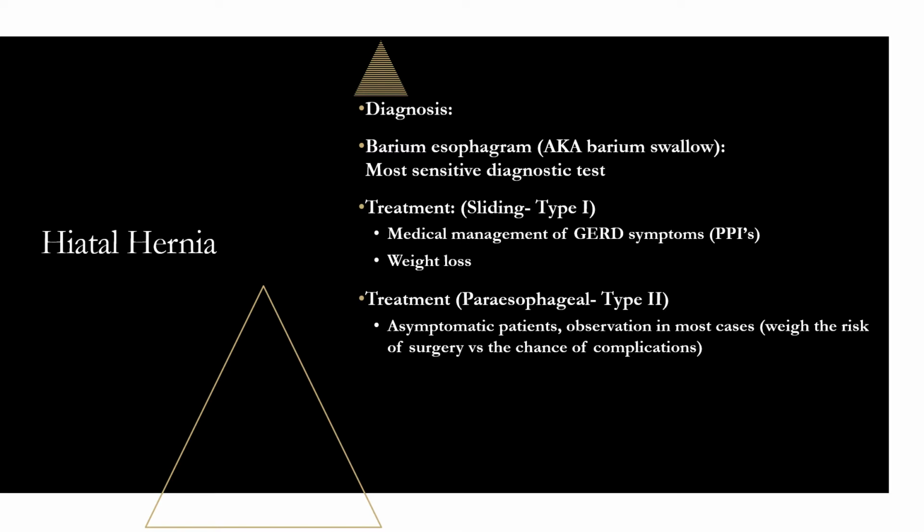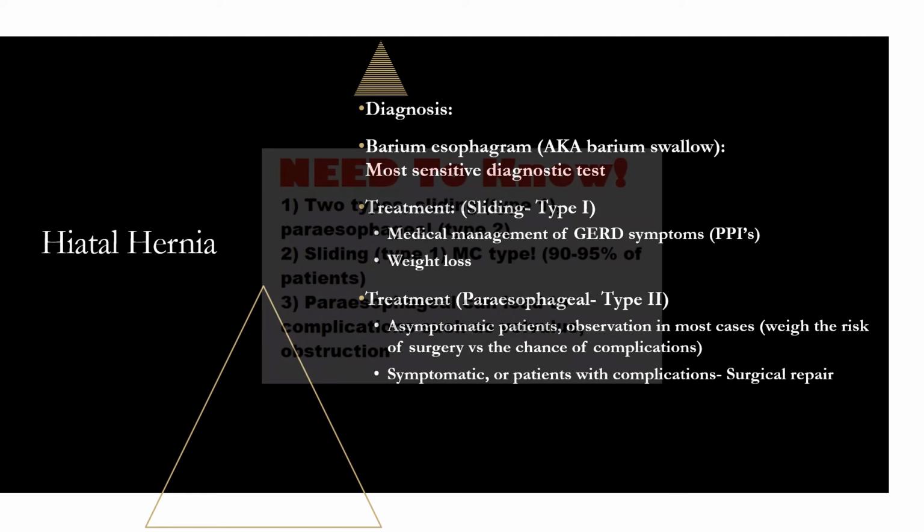So in some asymptomatic patients, some literature suggests having them actually have surgery to correct it, but most of the time, most of the suggestions are just observation. But if they do become symptomatic or they develop complications, absolutely you want to go through with surgical repair for these patients in paraesophageal or type 2.